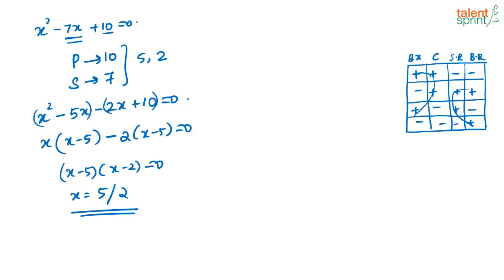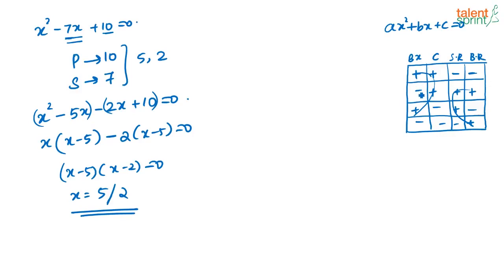Now what this table means is that a quadratic equation is of the form ax squared plus bx plus c is equal to 0. If the sign before bx is positive and the sign before c is positive, then the smaller root of the equation will be negative and the bigger root of the equation will also be negative. So that is what this means.